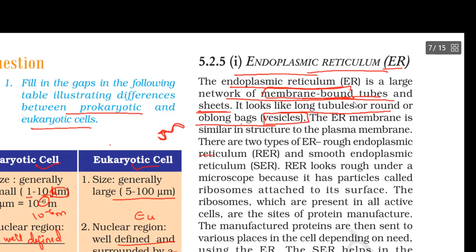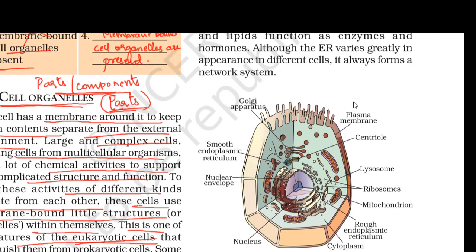Okay, so if you look at the figure here, this is the structure of the animal cell, and these are the tube-like structures you are going to see, right? These are nothing but endoplasmic reticulum, and they are close to the nucleus. So this is the nucleus, right?